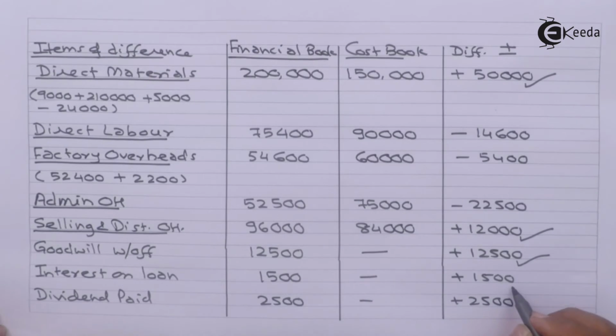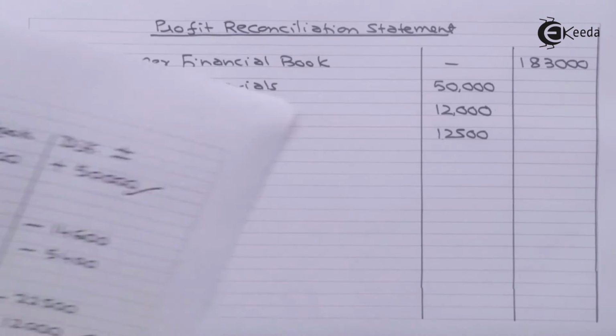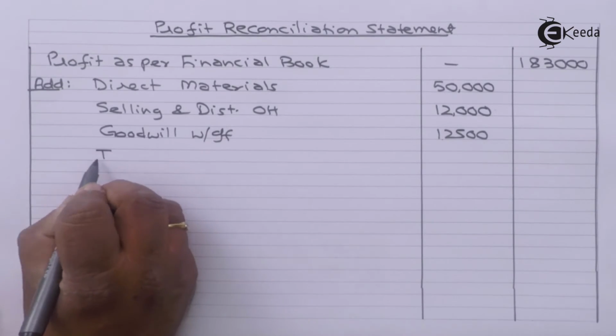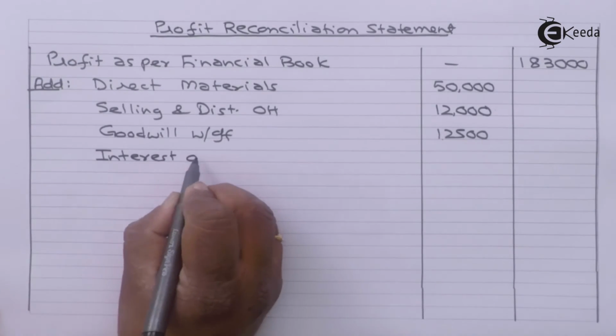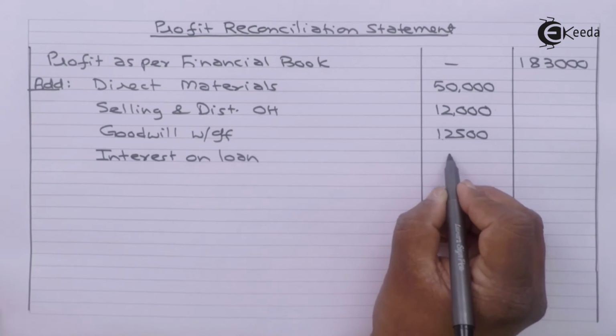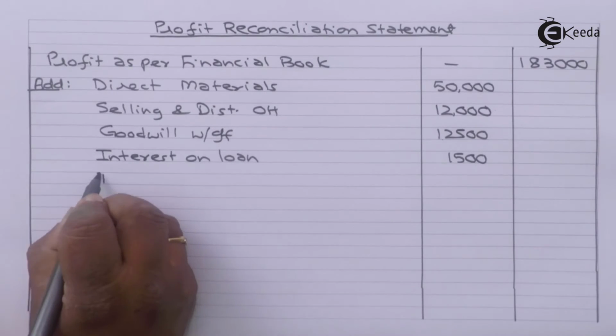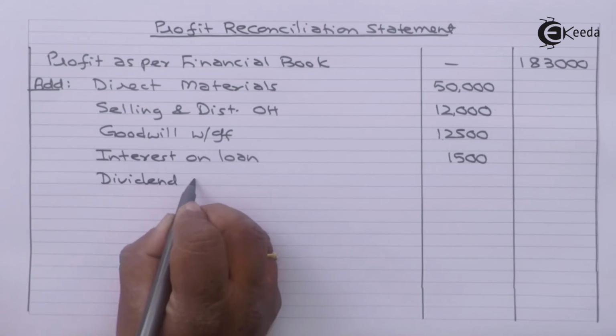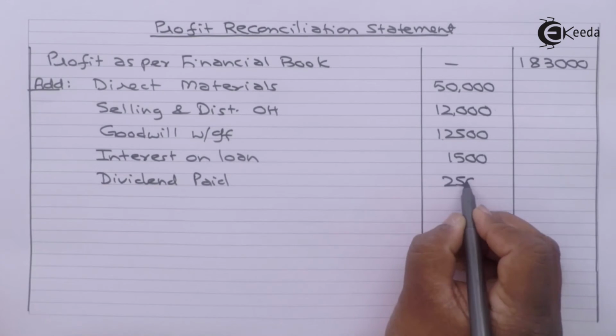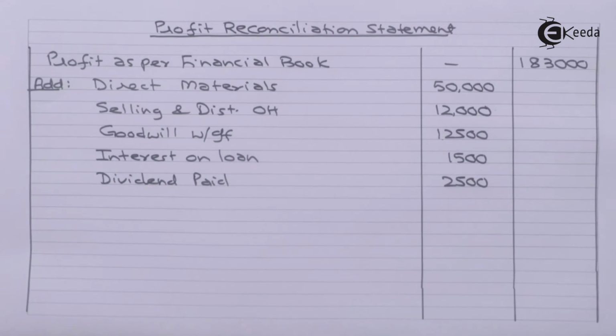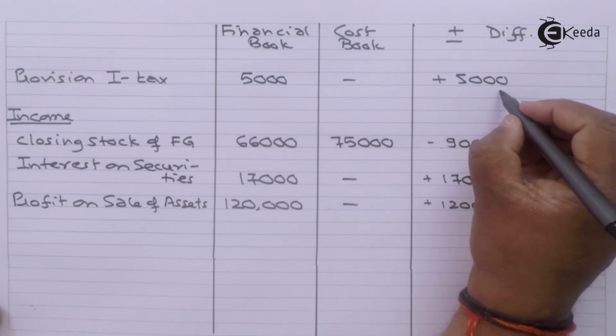Interest on loan 1,500. Dividend paid 2,500. Provision for income tax plus 5,000.